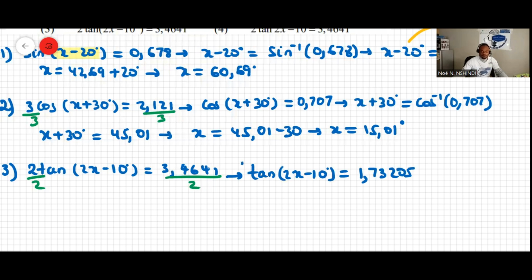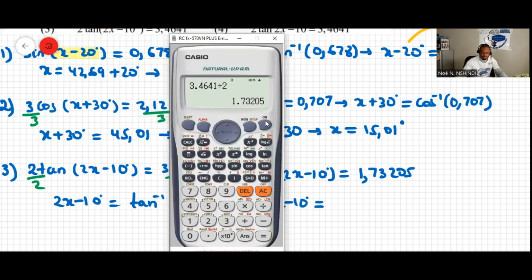Now we're going to get the value of 2x minus 10 degrees, which will be tan inverse of 1.73205. I want to use the calculator here: shift tan, 1.73205, close bracket, hit the equal button.